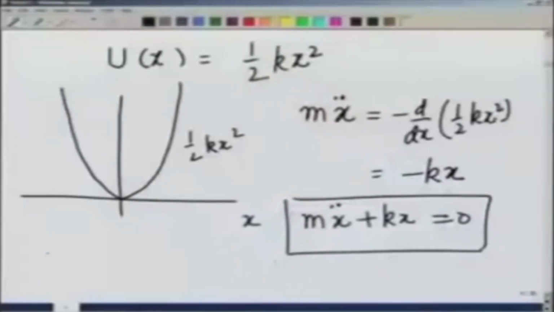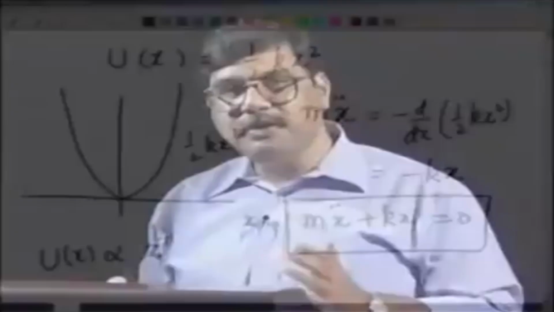Why I call it the simplest is because there could be cases where even the second derivative of the potential is 0, therefore the correction would be higher order. For example, I could have a potential U(x) which is proportional to x raised to 4, or I could have higher order derivatives which are also important.